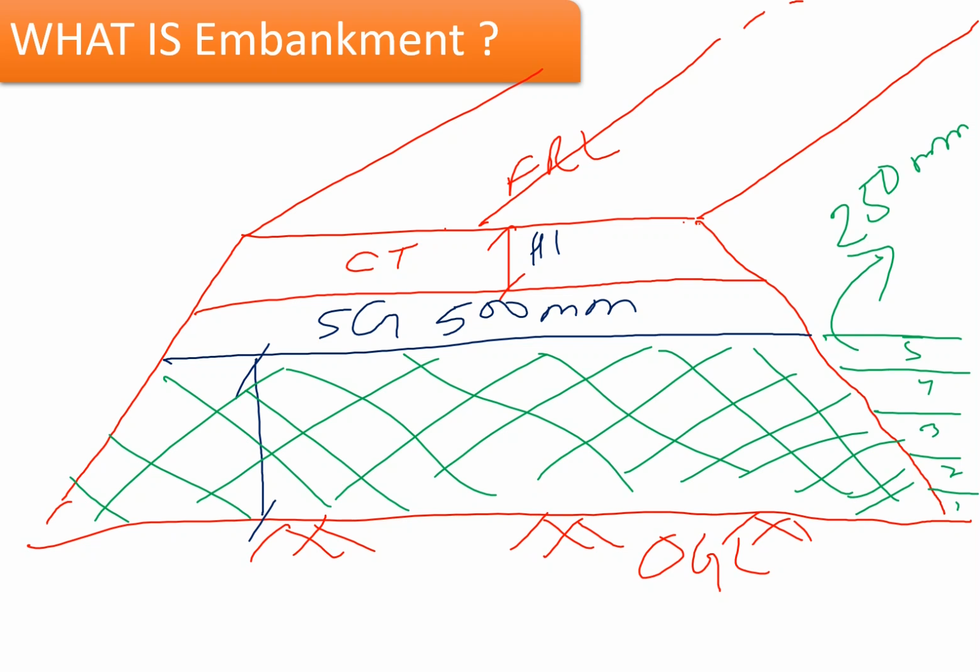If you want to calculate the height of the embankment, the difference in level between the FRL and the OGL will give you the total height.